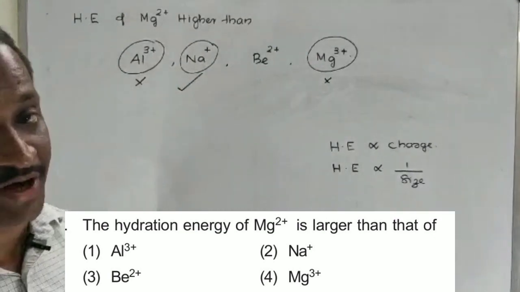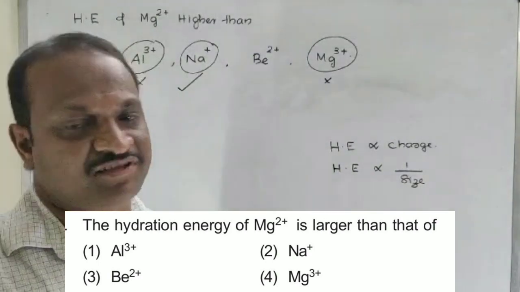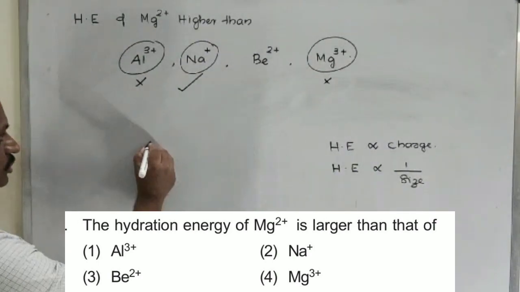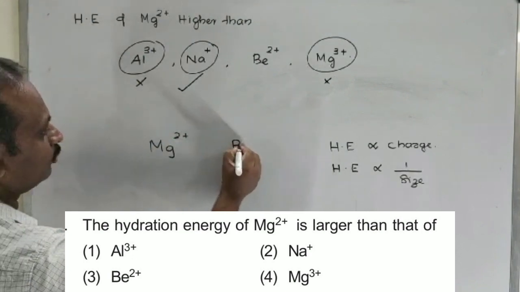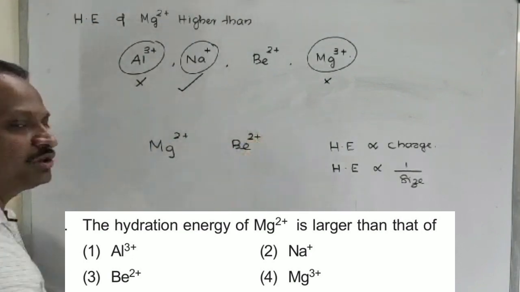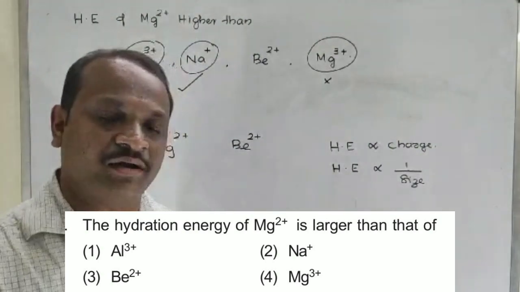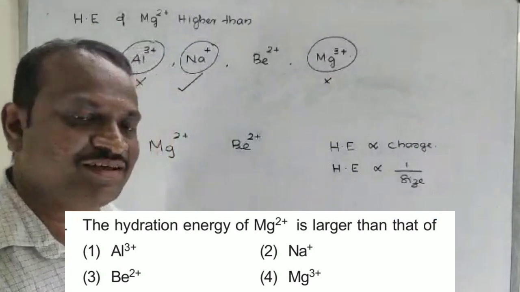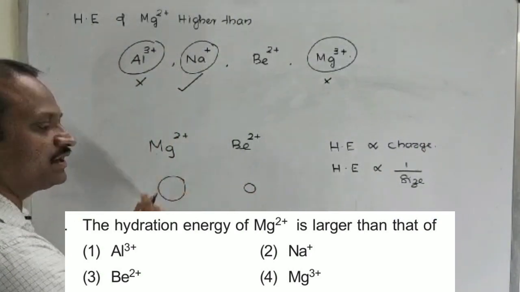Now you may ask, what about the hydration enthalpy of Be2+? Let us compare Mg2+ and Be2+. When you compare these two, both have the same charge. Okay, you can leave the charge matter. But what about the size? Size is smaller for beryllium and size is bigger for magnesium.